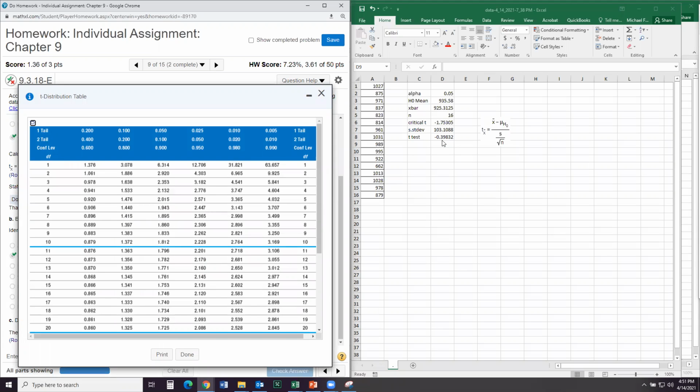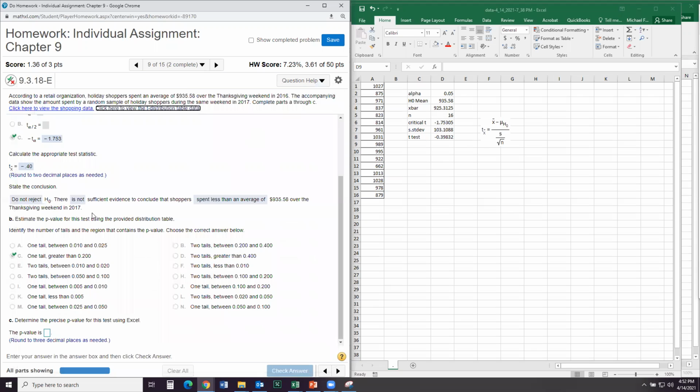Here's my test statistic, and I took the absolute value of it, 0.39832. Then I took my degrees of freedom, which were 15. As I move this direction on the table, I'm getting further and further away from my 0.39832. The highest this table went is 0.2, and since I still hadn't reached my 0.39832, I said it had to be greater than 0.2. So it was one tail, which I knew since it was a one-tailed test, and greater than 0.2.